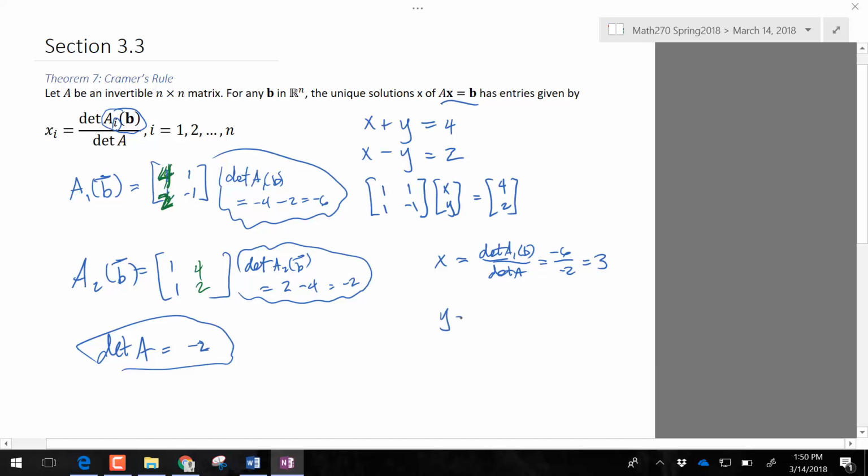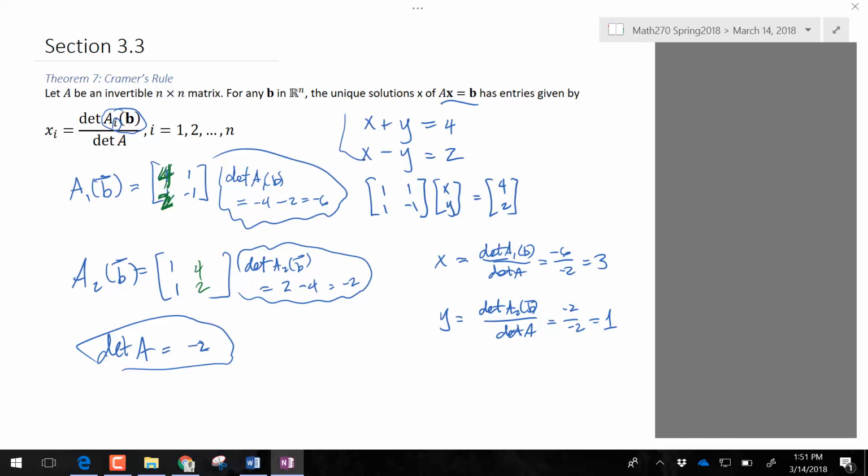And then y, or x2, is going to be the determinant of A2(b) over the determinant of A, which is going to be -2 over -2, 1. And so you plug that in to make sure that it actually does satisfy your system, and it looks like it does. So that's how we do Cramer's Rule.